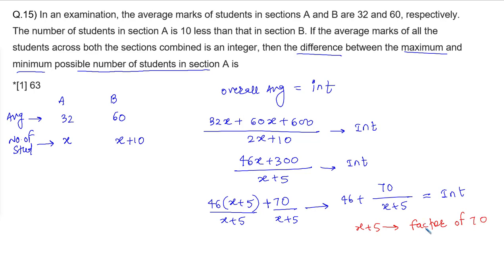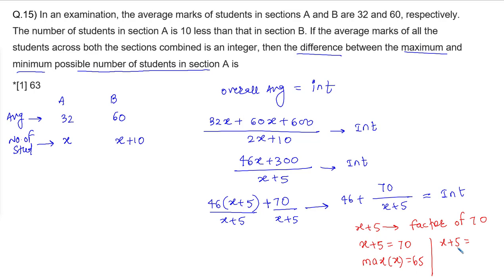But a factor of 70 more than or equal to 5. So if I take x plus 5, the maximum value x plus 5 can take is 70. So the maximum value that x can take is equal to 65. And the minimum value that x plus 5 can take: x plus 5 equal to 1, we cannot keep.